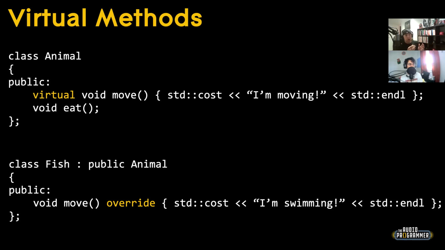So we're allowing the developer to create their own implementation of this method, even though in the base class there is already a very basic implementation of I'm moving. So when you override it, you can make it whatever functionality you want, right? It doesn't have to be a std::cout or anything like that.